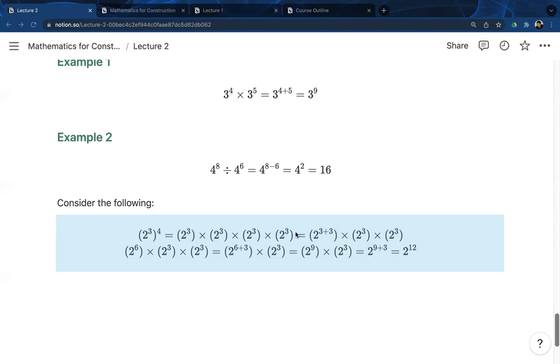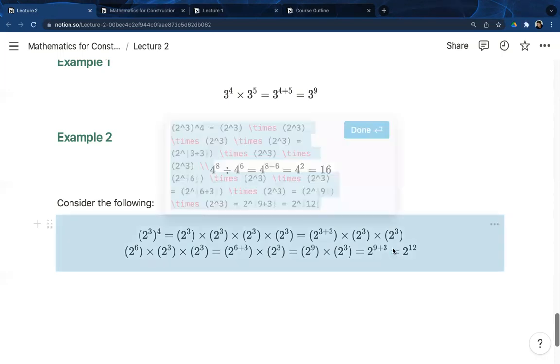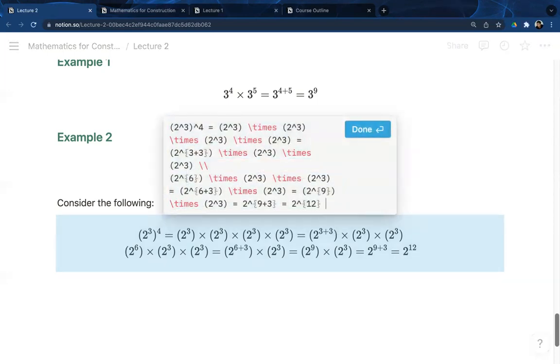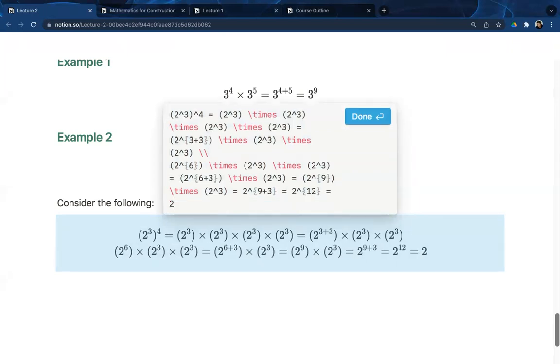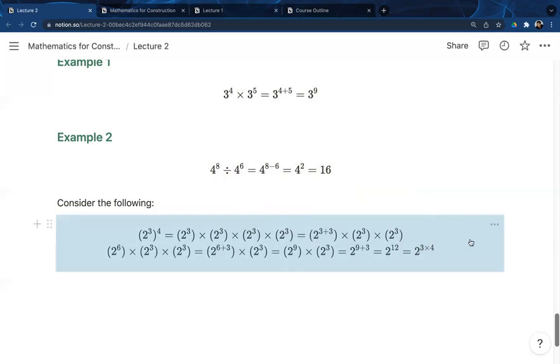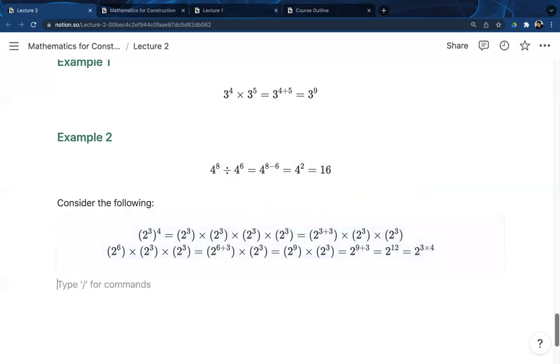Multiplication is shorthand for addition. So really, this 12 was 2 to the power 3, and we multiply the indices, 3 by 4.